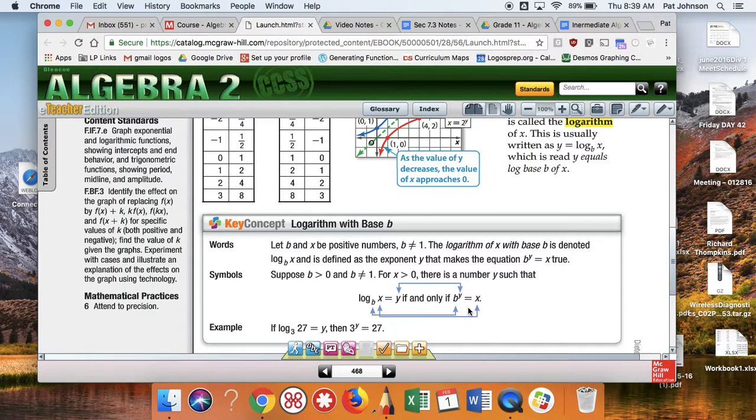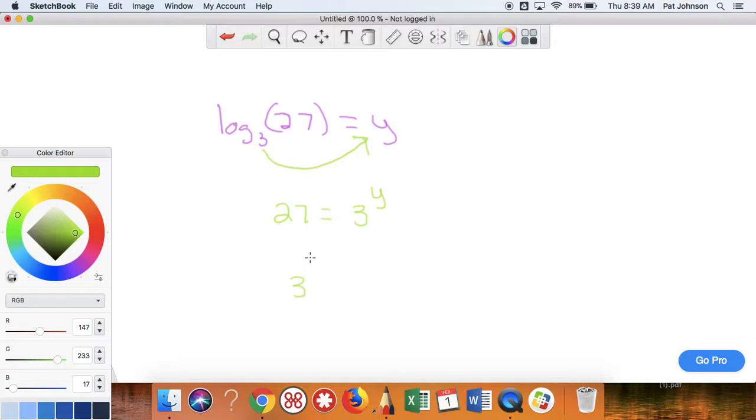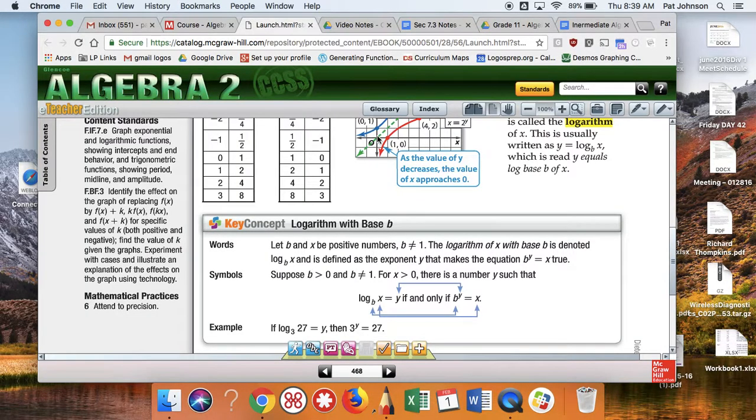Of course, you have the symmetric property, so these equal the same thing, but this makes it much easier. It's one less thing you have to memorize. You just know it's a base, and when you change it to exponential form, it's still the base. It just raises to the y, or the logarithm, in the exponent.